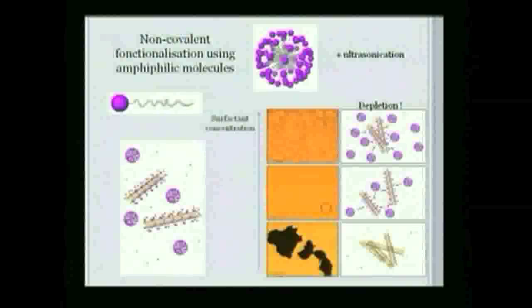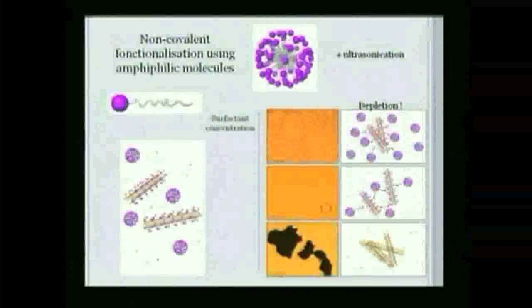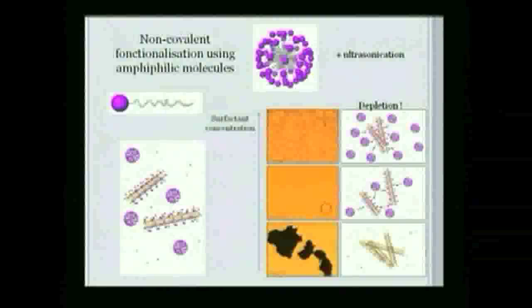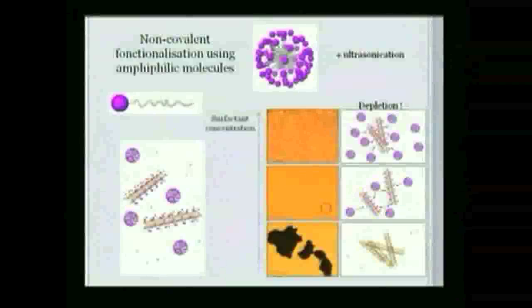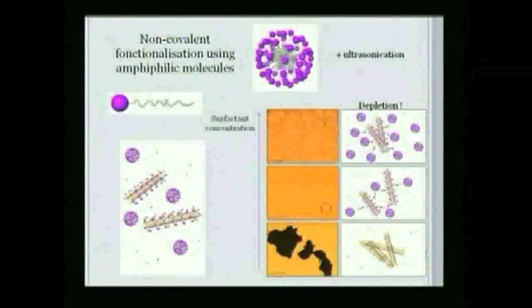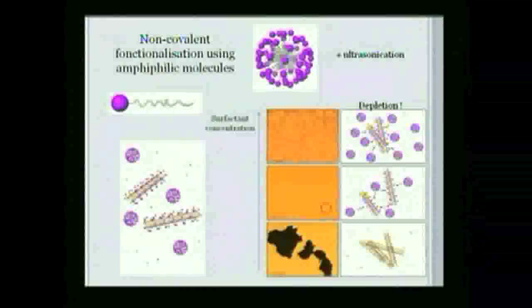When you have too many free micelles in the solution, these free micelles apply an osmotic pressure to the nanotubes, and there is a zone in between that we call the excluded volume zone, in which if two nanotubes are too close to one another, there is not enough space in between to put free micelles, and then there are a lot of free micelles all around that push them, and then they stay aggregated.